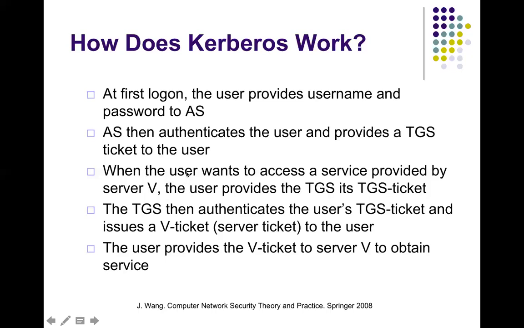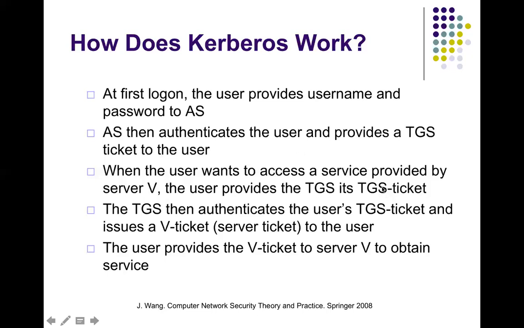So now let me switch from me to user, right? When the user wants to access a service provided by server V, the user provides its TGS ticket. Okay, so that's another server. That TGS ticket has my credential.